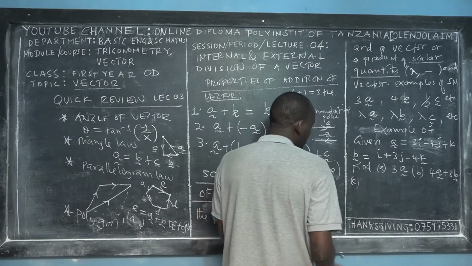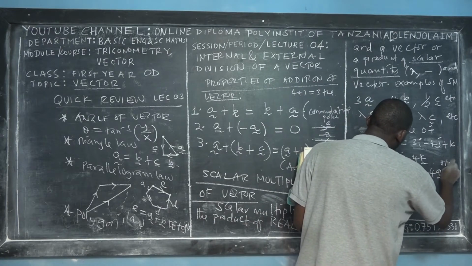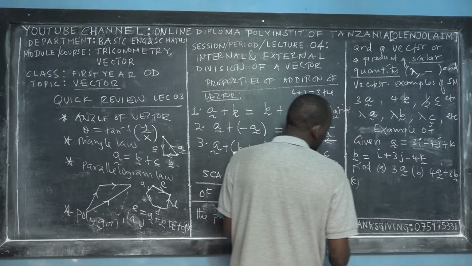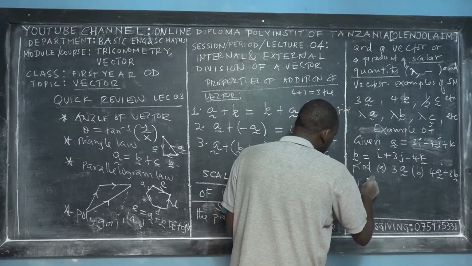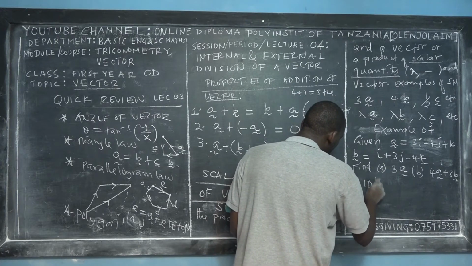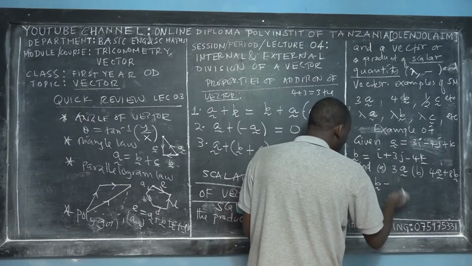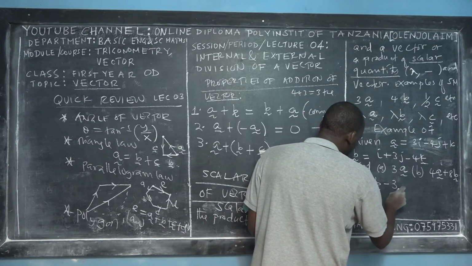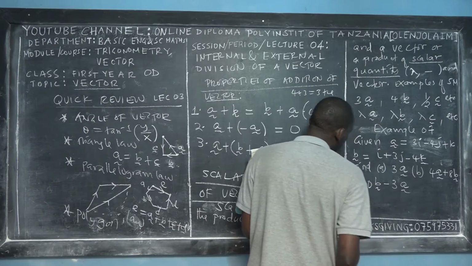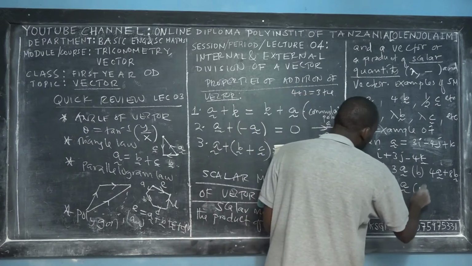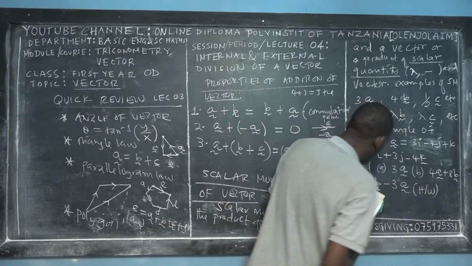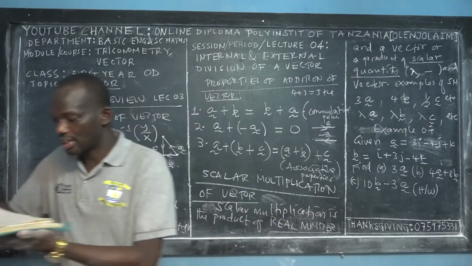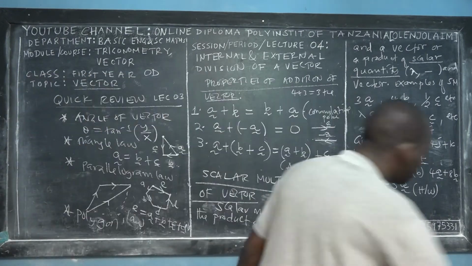C, this is your homework. You can find the scalar multiplication of 10 times vector B minus the scalar multiplication of 3 times vector A. So this is your homework. After that, I'll teach you about some of the rules or laws.